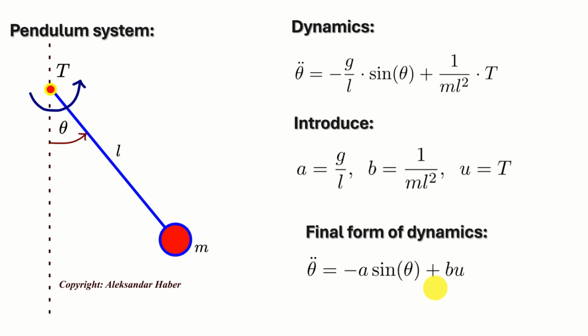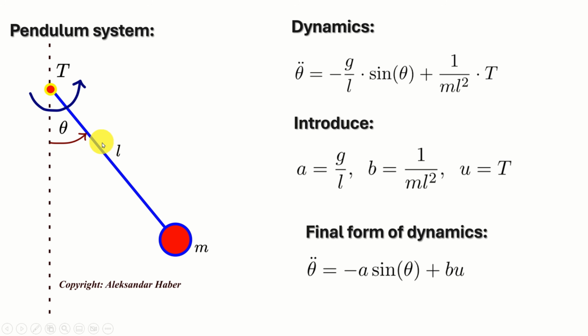Let's start with explanations. The pendulum system is shown over here. It consists of the rod, whose length is L, and there is a ball attached firmly to the rod. The mass of the ball is m. Then, the rod is suspended or supported at this point over here.